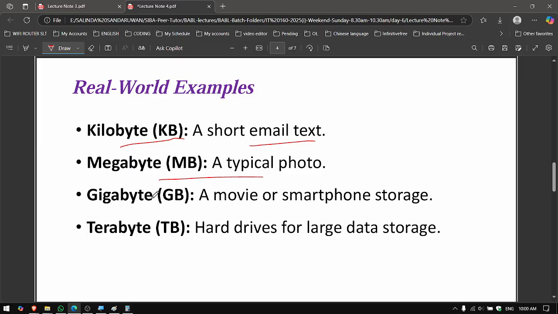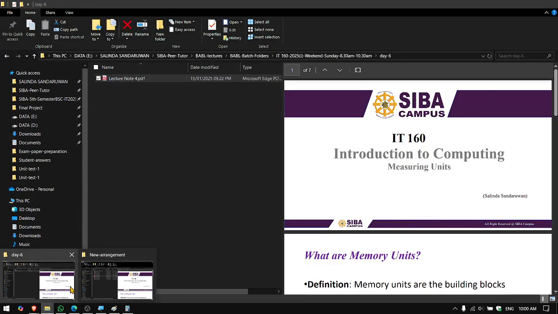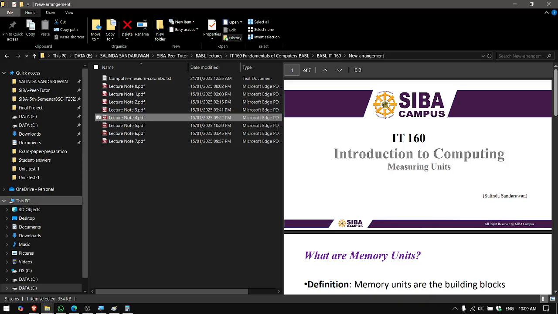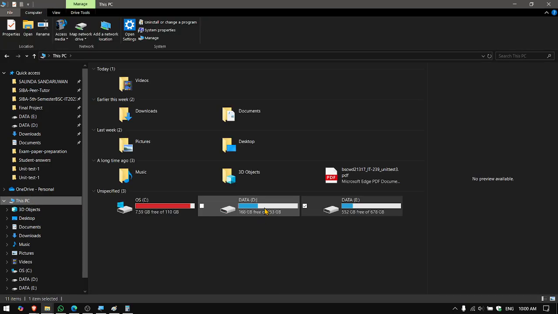Gigabyte: a movie or smartphone video. This video I'm currently recording will be around 1 to 2 GB. You have experienced those things. And terabyte: hard disk. This hard disk here is one physical device, a 1 TB hard disk.